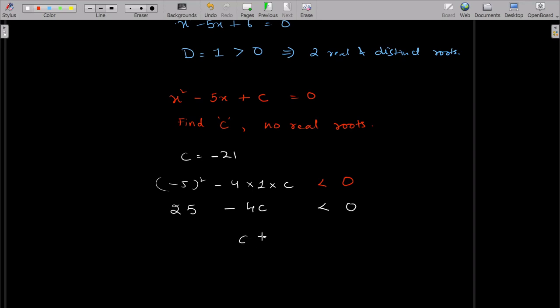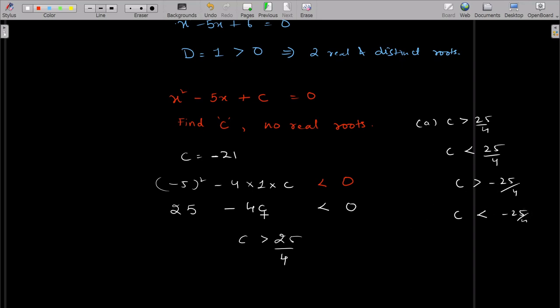Yes, so c will be greater than 25 over 4. You'll get four options like this: c is greater than 25 over 4, c is less than 25 over 4, or c is greater than negative 25 over 4. The options will be really confusing, or none of the above.